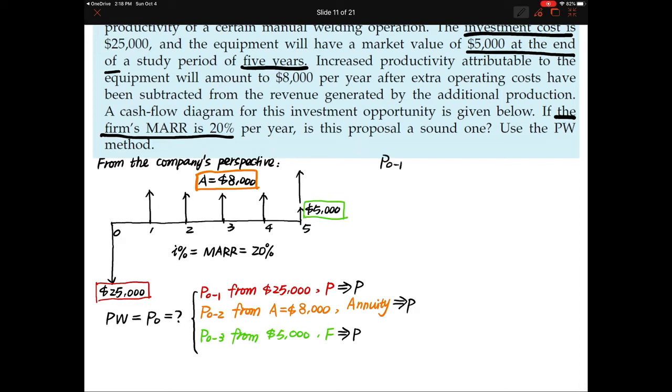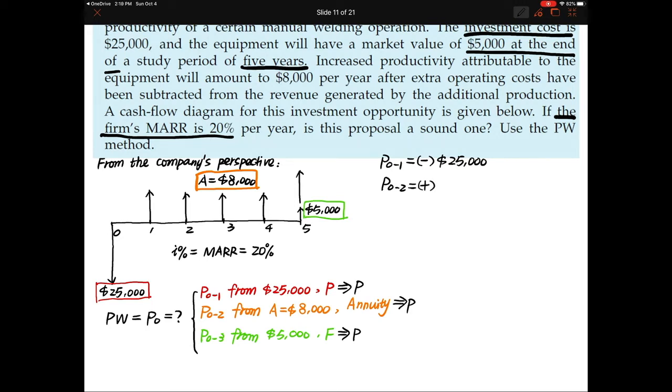P01 is already at present, so there's no interest rate going on. You don't have to convert anything. 25,000 is 25,000, but it is the expenditure, so it's negative 25,000. That's the first part. P02 is from the annuities, so it's to find P given A, and it's receiving, so it's positive.